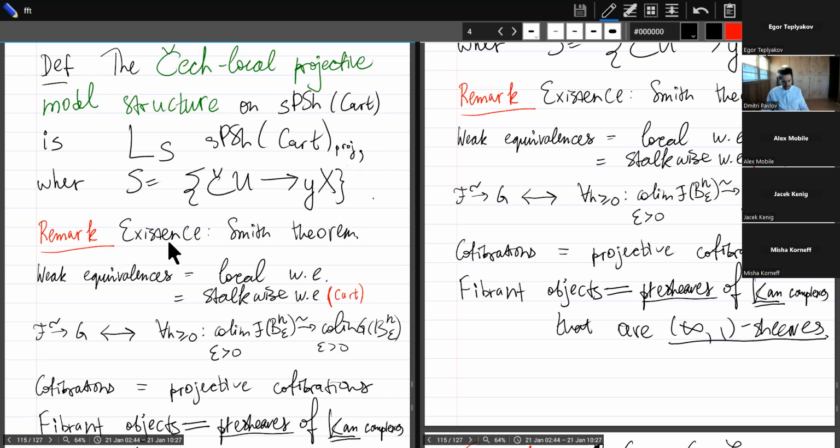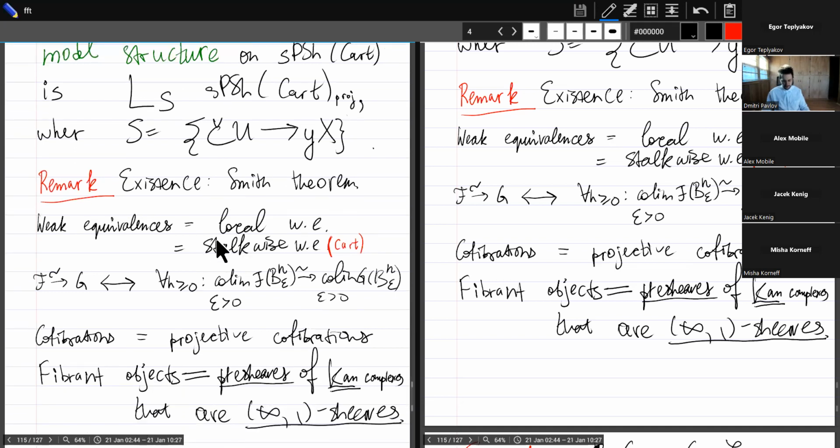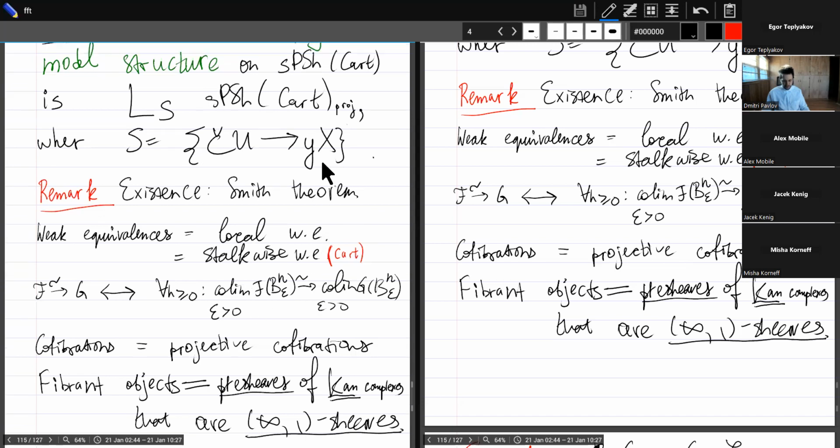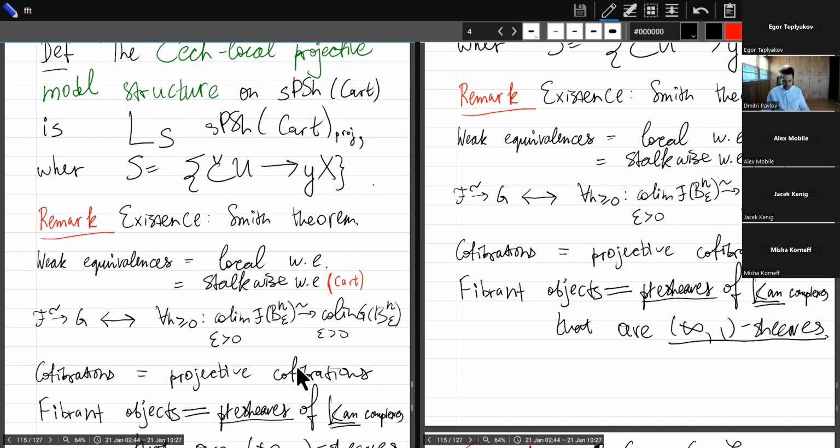So the existence of such a model structure is a consequence of Smith's theorem for Bousfield localizations. And the weak equivalences can be described as stalkwise weak equivalences. So let me remind you that for sheaves or presheaves on the Cartesian site, you can compute stalks by taking n-dimensional open balls of radius epsilon around the origin in R^n.